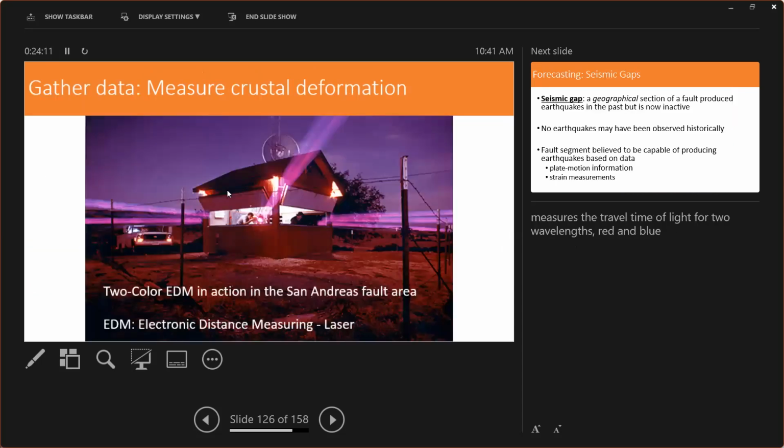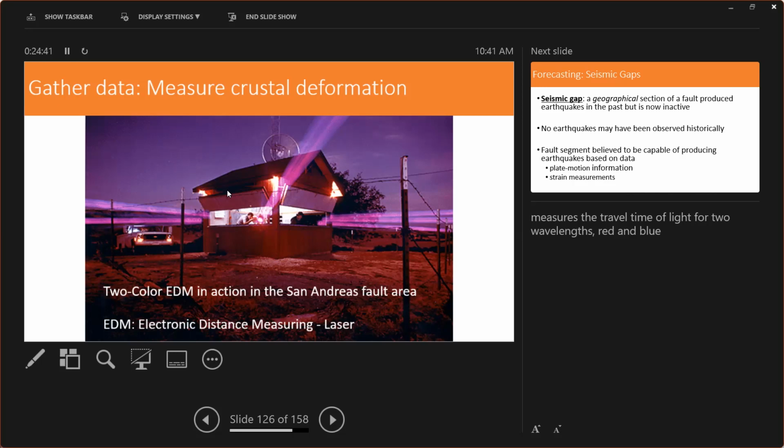So one of the ways that we measure crustal deformation is two-color EDM, which is electronic distance measuring, fancy term for laser. Basically, we have all of these reflectors set up in this manageable grid. A laser is pointed at those reflectors, and the time it takes for that laser to go from the source to the reflector and back is calculated.